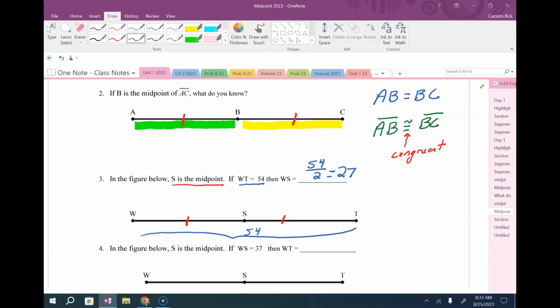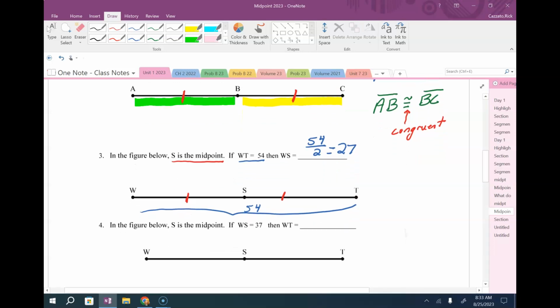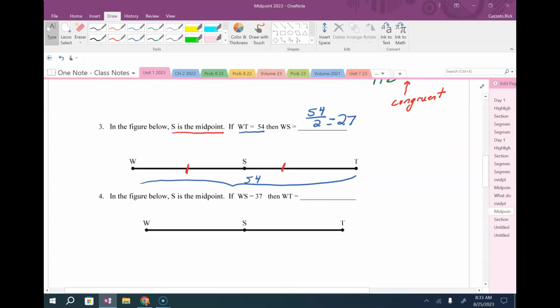Go ahead and label number 4. So in problem number 4, I'm going to label it. Again, it says S is the midpoint. So I'm going to put the tick marks. It tells me that WS is 37. And since S is the midpoint, that tells me that the two pieces are equal.